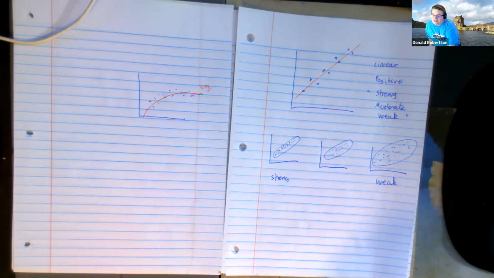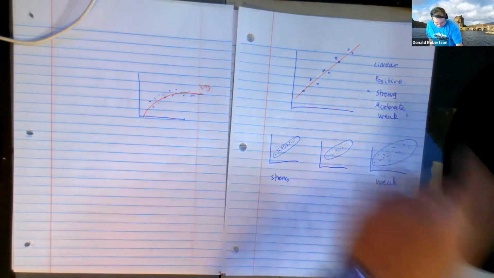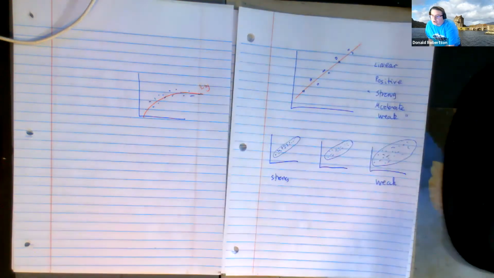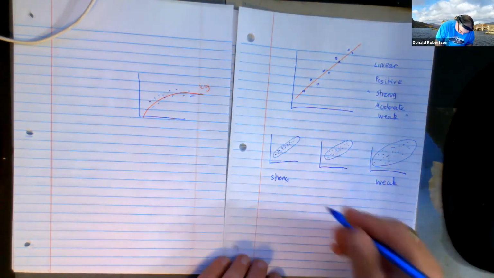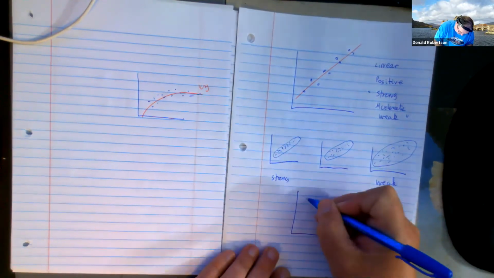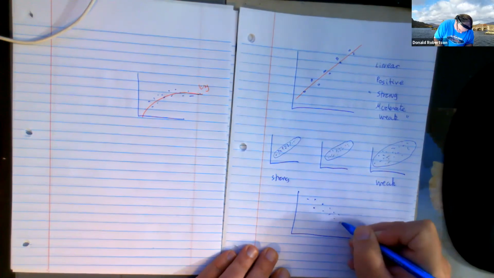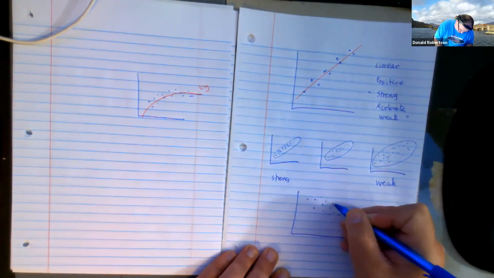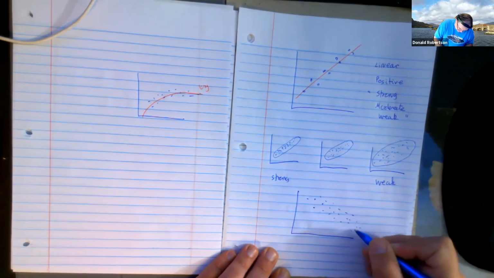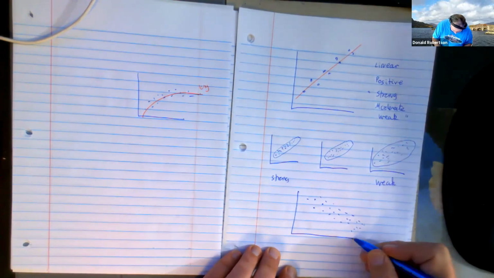So when you see a set of data, you can use these words to describe what is really visual. If I gave you some data and it looked something like that, you could say it was linear. You would say it was negative, and you'd probably go moderate.